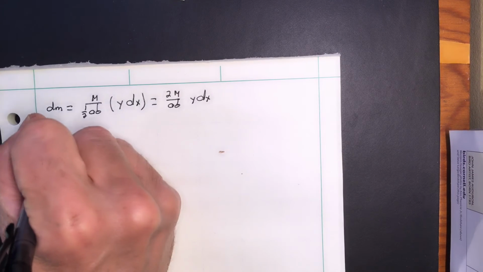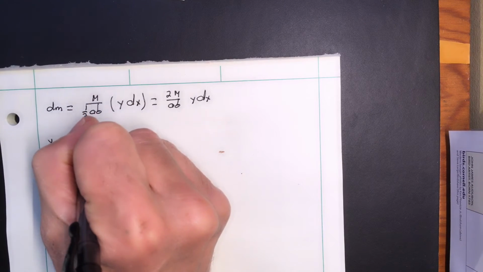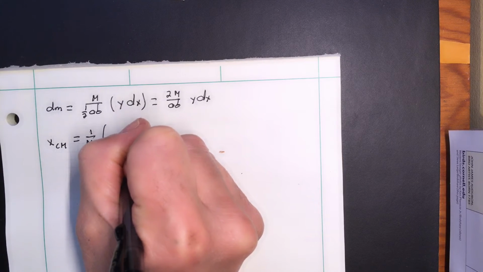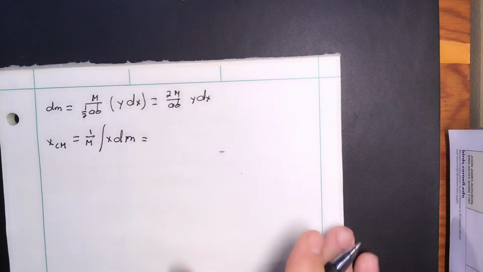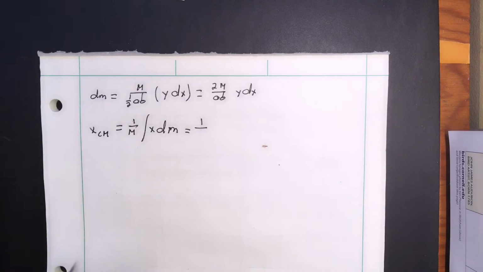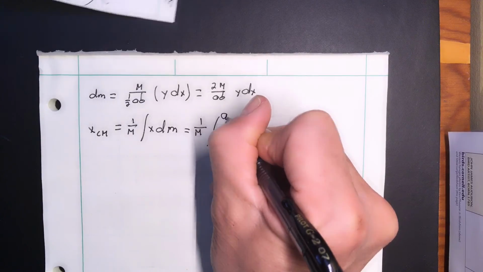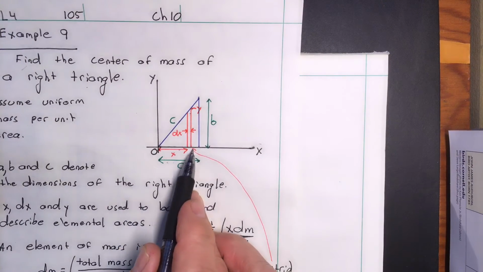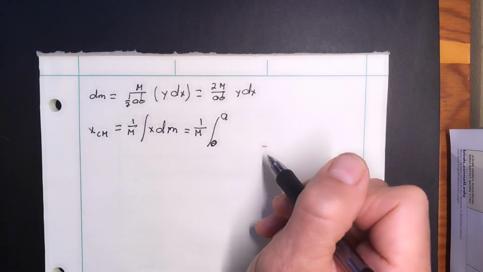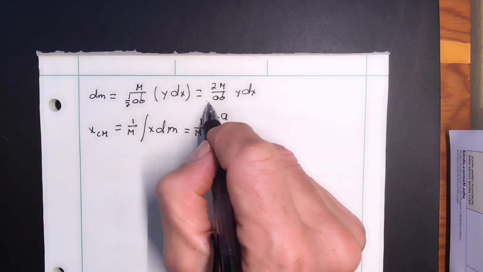Okay, so the x-coordinate of the center of mass, going back to this equation, 1 over the total mass, the integral of x dm. All right, so 1 over total mass, the integral from 0 to a, right, because we're integrating from here right across there, of x. Now we're plugging in our expression for dm.